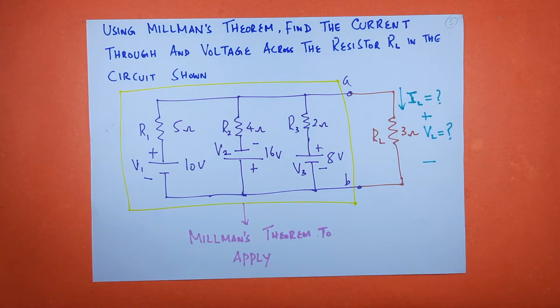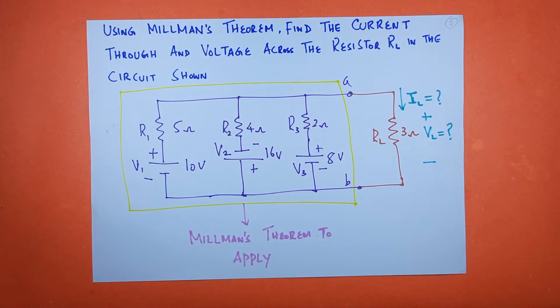Next we shall solve one problem, or we will illustrate Millman's theorem through an example. Using Millman's theorem, find the current through and voltage across RL in the circuit shown.